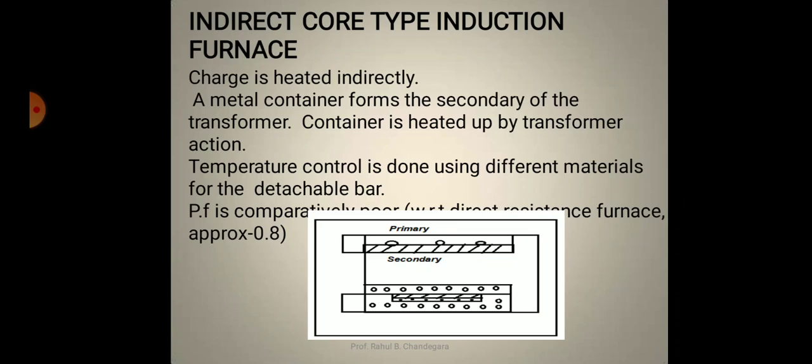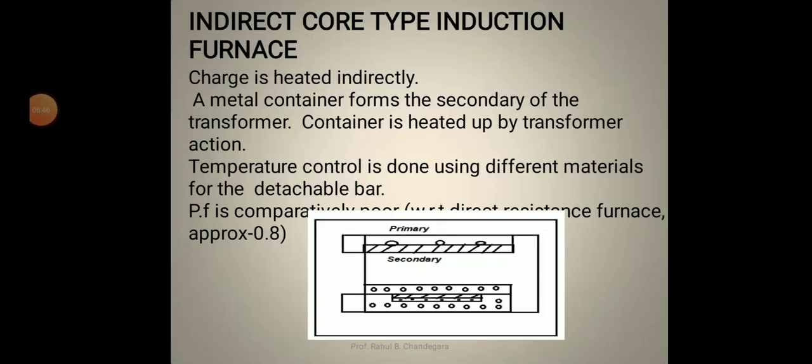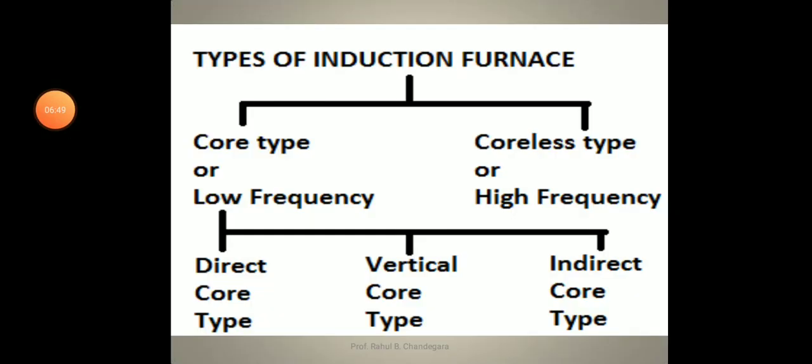Temperature control is done using different material for the detachable bar. Power factor is comparatively poor in the indirect core type induction furnace. We studied the core type low frequency induction furnace: direct core type, then Ajax Wyatt vertical core type, and indirect core type.